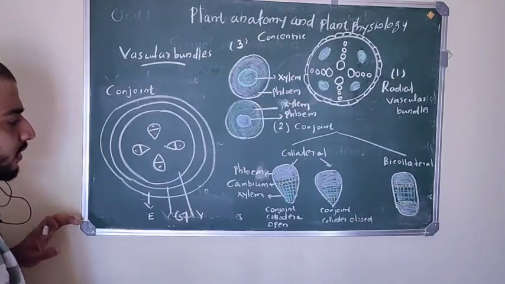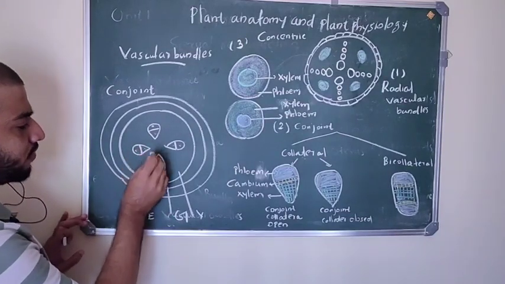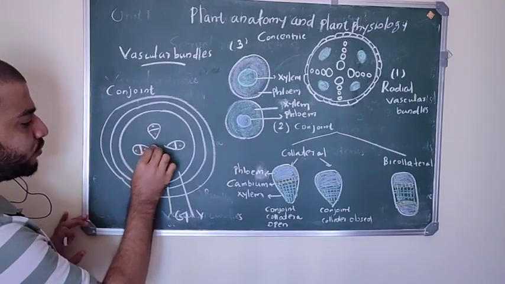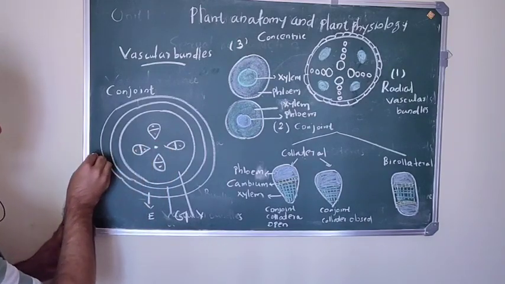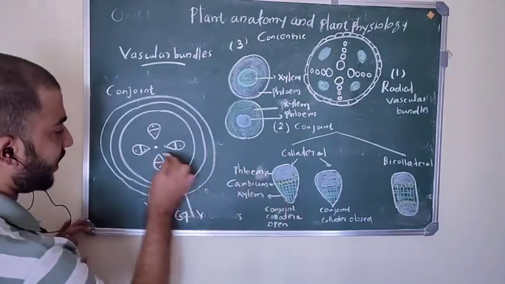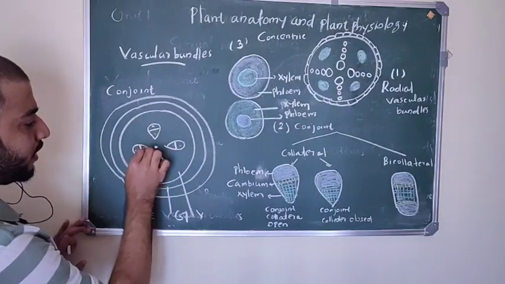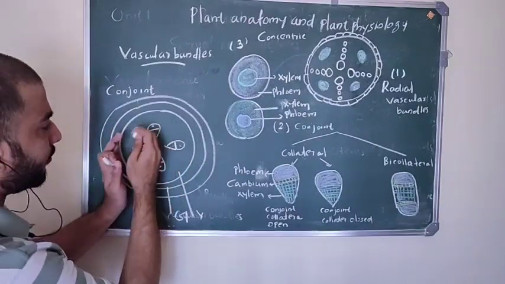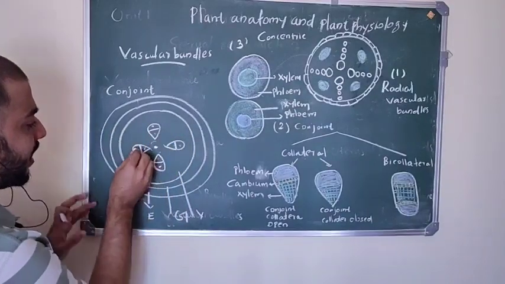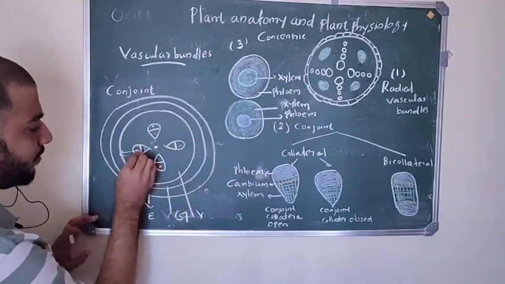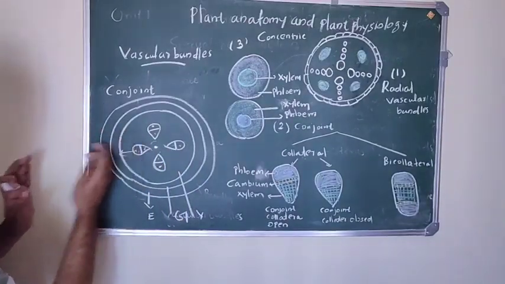Collateral means that in the vascular bundle, the xylem tissues are directed to the center and phloem tissues are directed to the periphery. Look here, these are the xylem tissues, directed to the center of this stem structure, and this phloem is directed to the periphery or outer side.